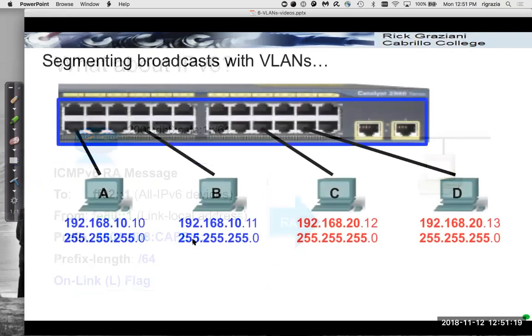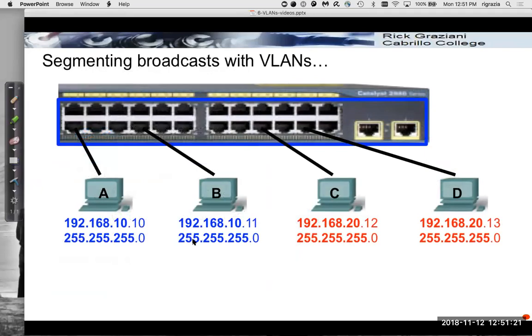Okay, so why are we talking about all of this? Broadcast domains and what networks we belong to and that sort of thing. Because we're going to take a look at what happens in scenarios like this. We're going to talk about this when we get into VLANs in the next set of videos. If you take a look here, we have 4 devices connected to the same switch.